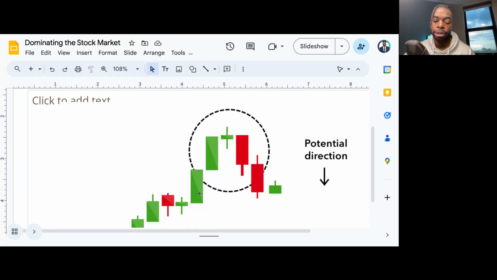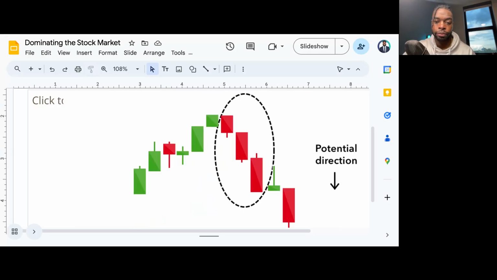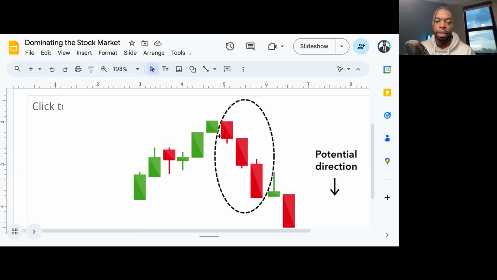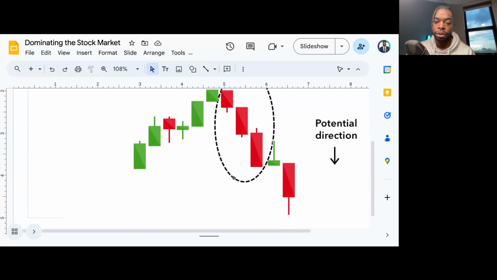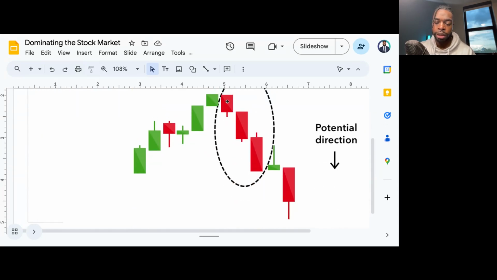We had a lot of buying pressure down here, big green bars, meaning there's a lot of movement up, and then all of a sudden we get this small bar showing smaller pressure up, which means we probably could get a reversal. And then we have the three black crows, which is basically three red bars in a row showing a lot of selling pressure.